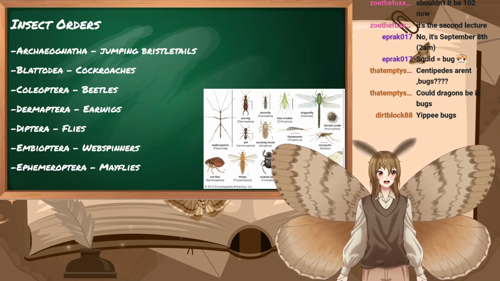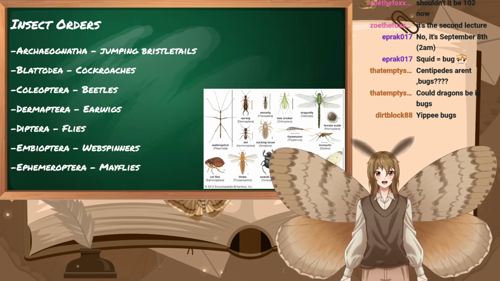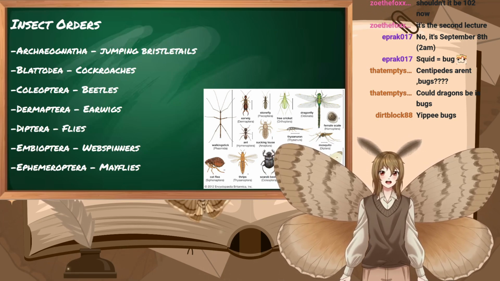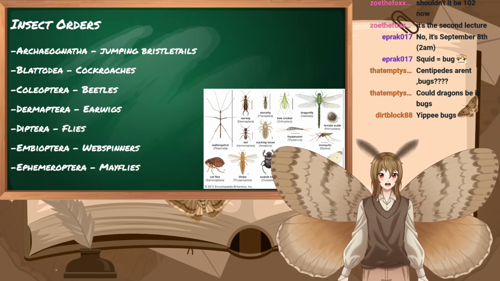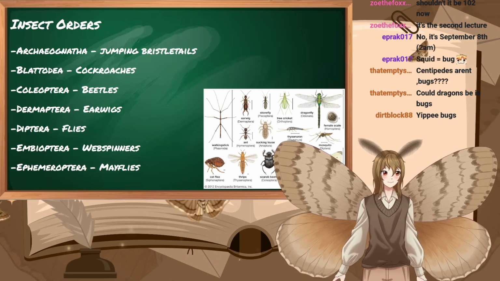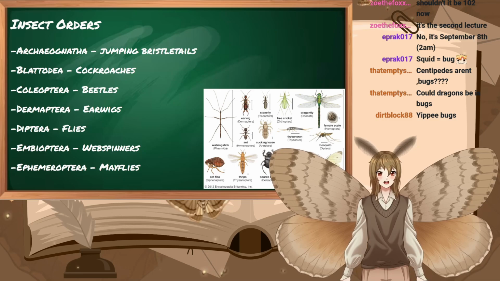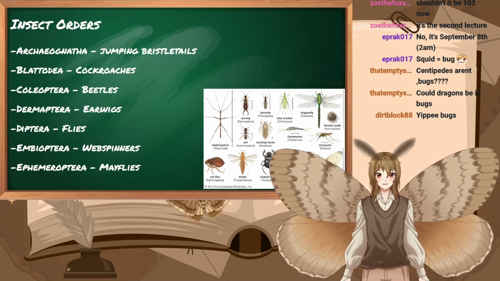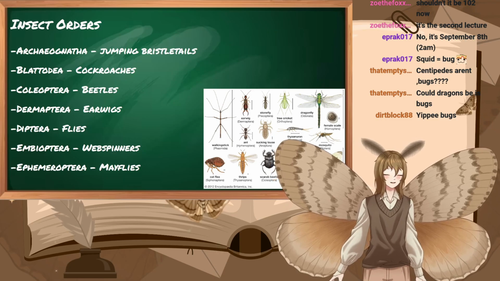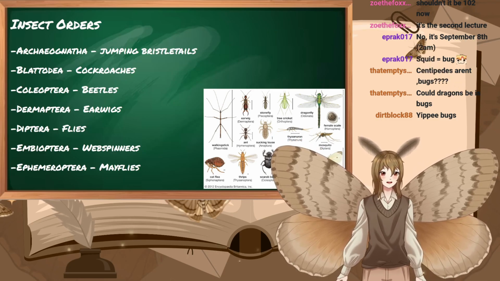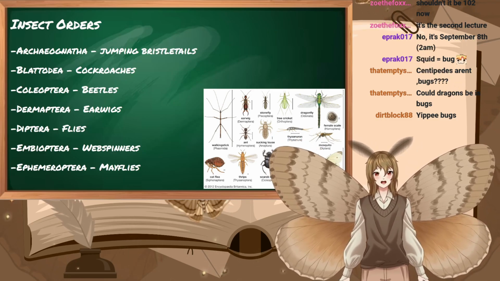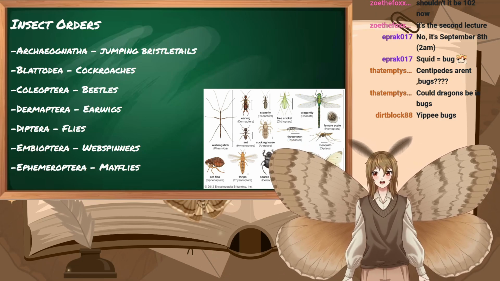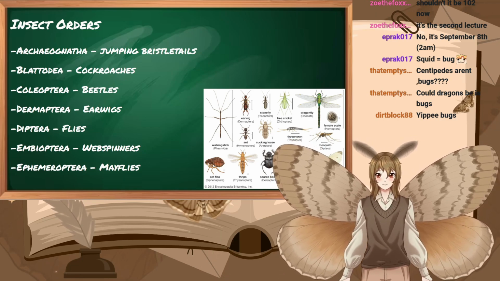So knowing data and knowing these facts is very great, but going outside, looking at insects, how they're behaving, seeing them in their natural environment is also very important to find out. You can see how much they reproduce, how many eggs they carry, what they eat, and that's very important. But without further ado, let's get into all the insect orders.